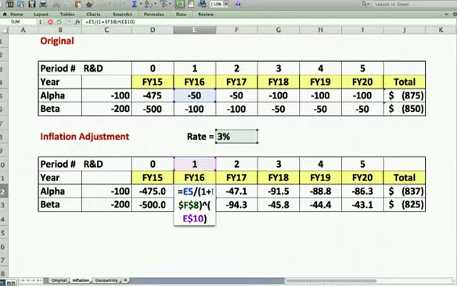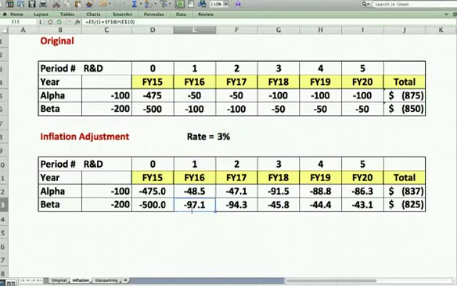I've used 0 for the base year and 1, 2, 3, 4, 5 for the out years, and now you can understand why I've numbered the years as such, because it allows the formula to work easily, as opposed to if you made this year 1, 2, 3, 4, 5, 6, where the exponent in these cells would have to be whatever that year is minus 1.